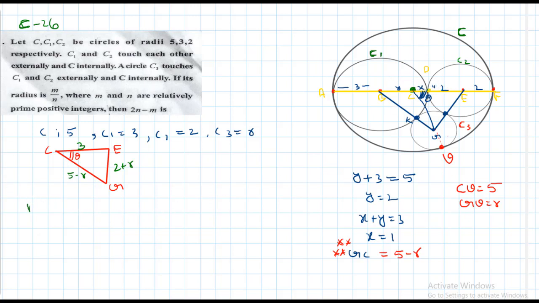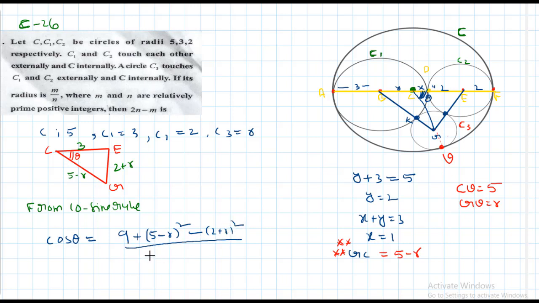From the cosine rule, directly cos theta equals 9 plus (5 minus R) whole squared, minus (2 plus R) whole squared, by 2 times 3 into (5 minus R).